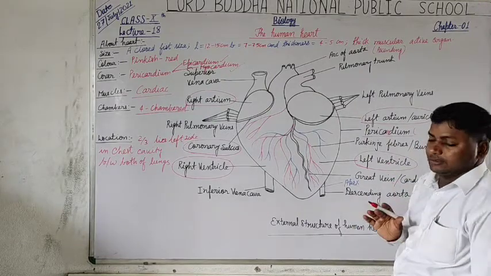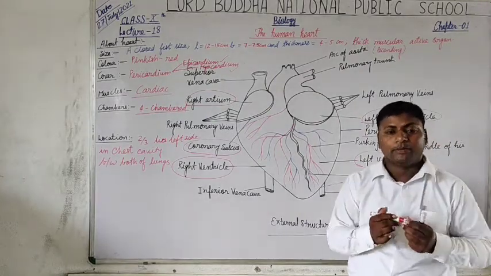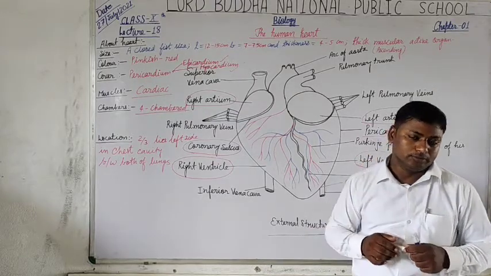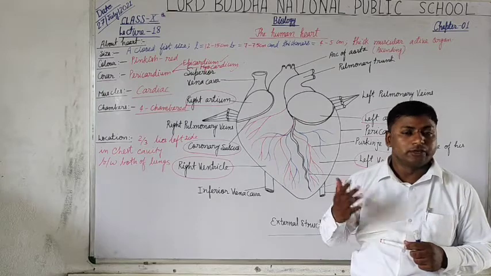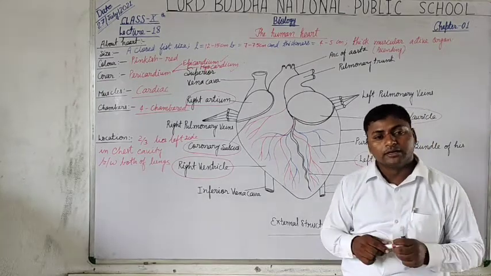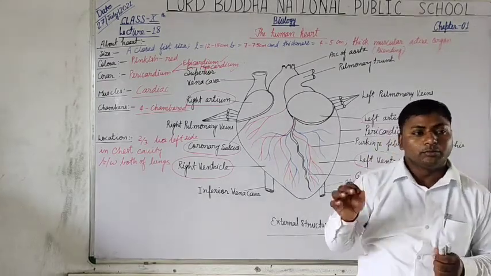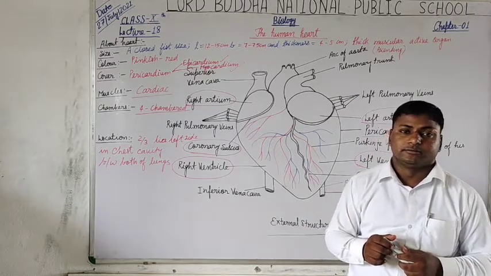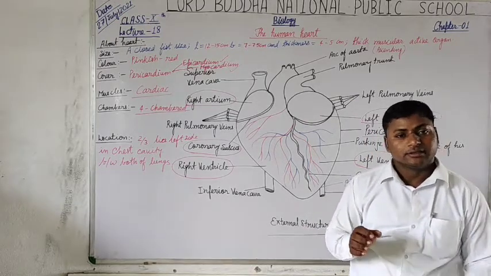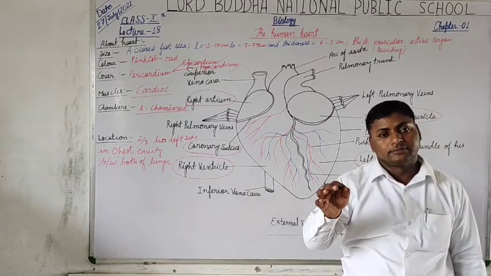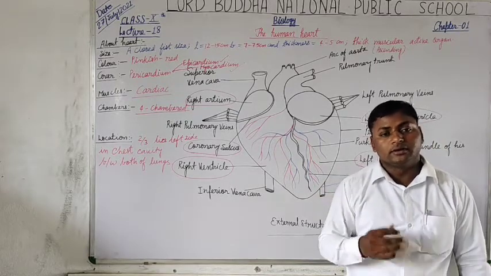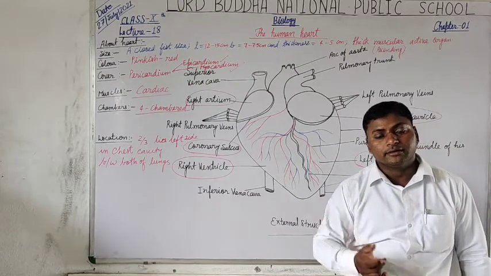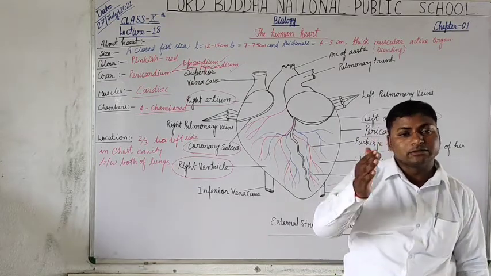A fluid is filled in between both membranes, which is called pericardial fluid. Students, the pericardial fluid performs important functions. It always protects the heart from any kind of mechanical injuries and acts as a shock absorber.